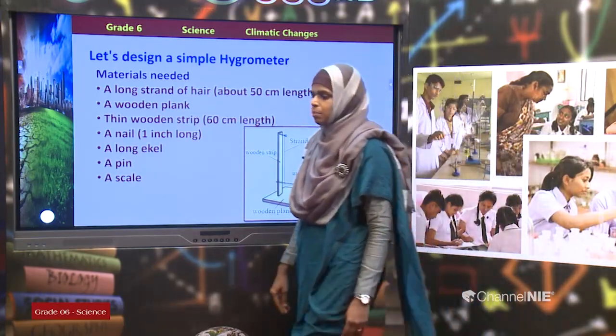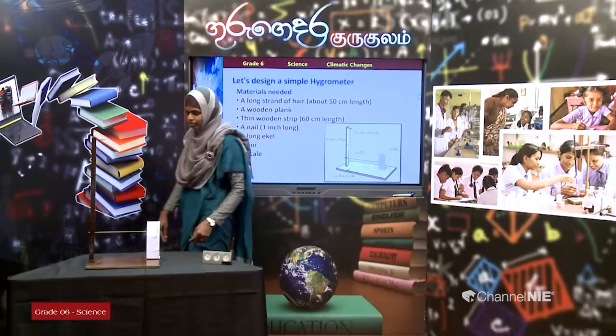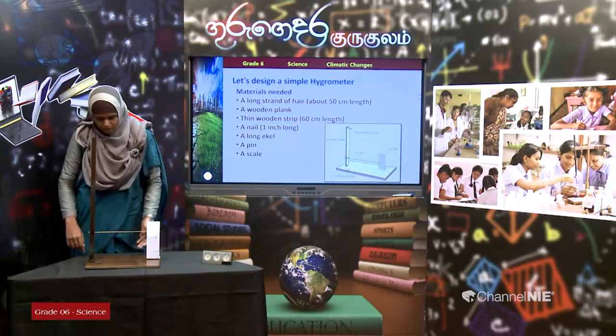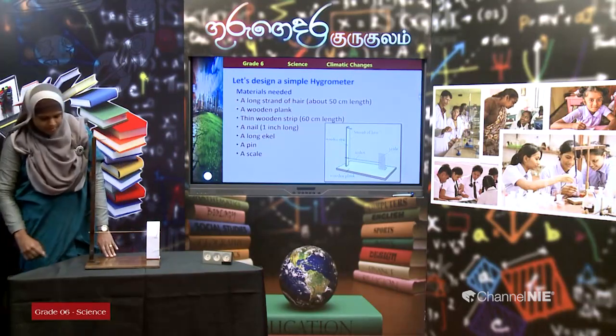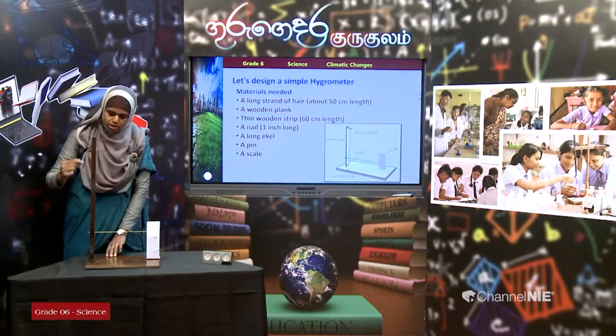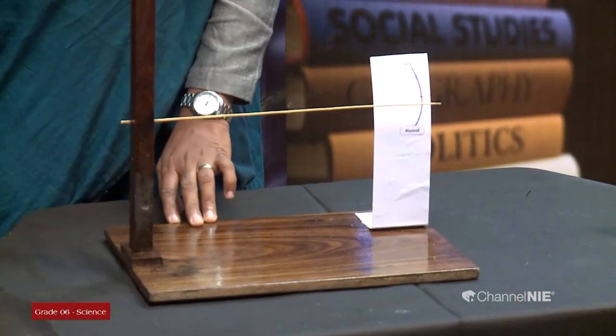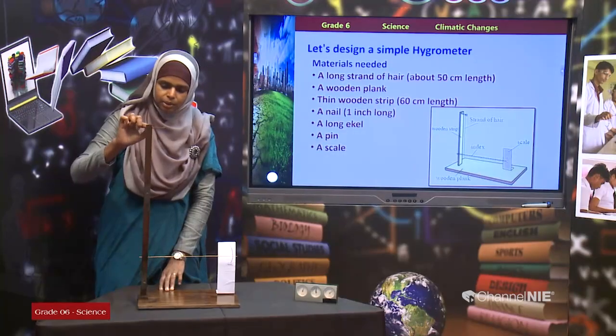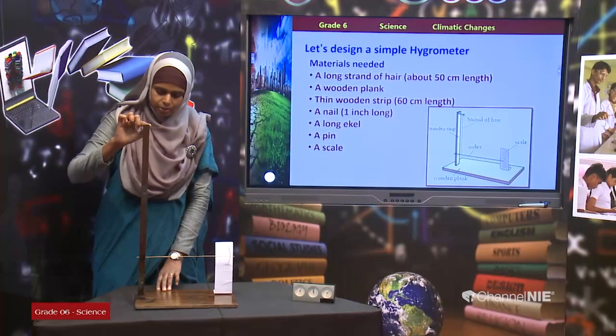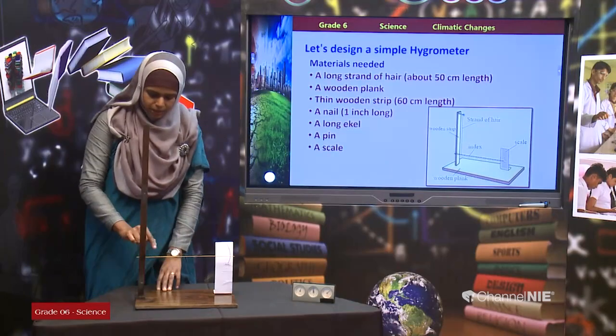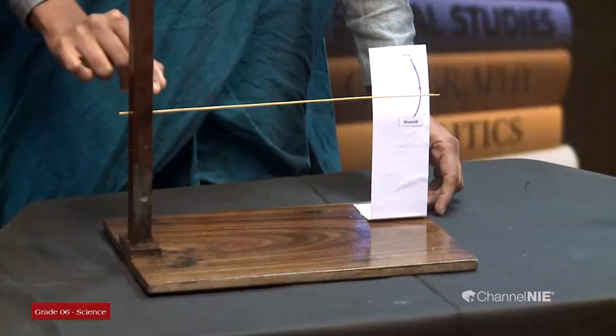So this is our simple hygrometer. I have used a wooden plank as the base. A thin wooden strip is fixed to the wooden plank and a nail is fitted over here, a 1-inch nail, and you can see a needle is fixed with the help of a pin over here.